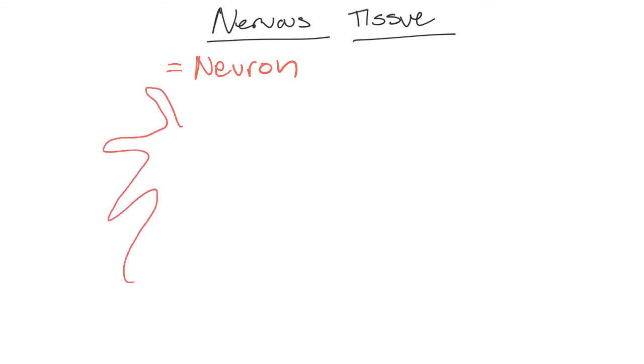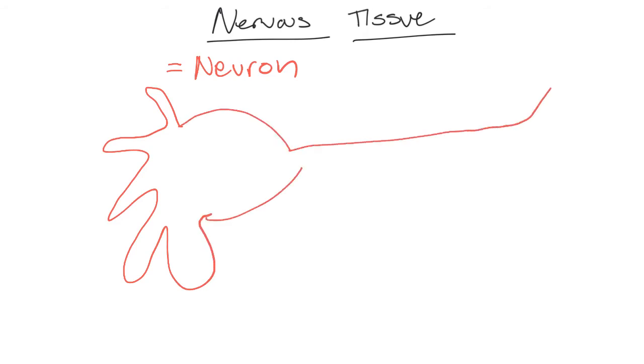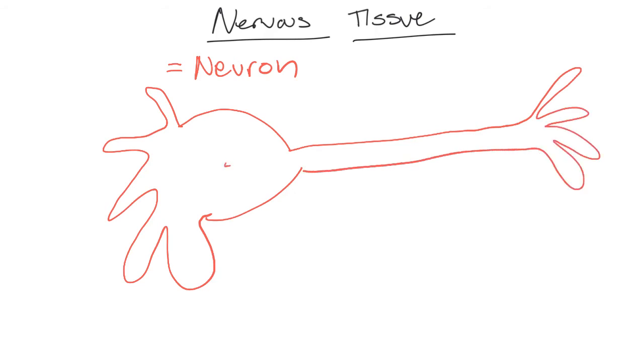All right, nervous tissue. Nervous tissue has a very distinct shape. Unfortunately, we left it off the list for lab, so you won't have to look at it under the microscope. But most nervous tissue, which the cell would be called a neuron, has a receiving end with long projections, and these are called dendrites.